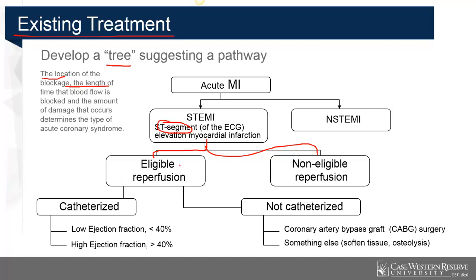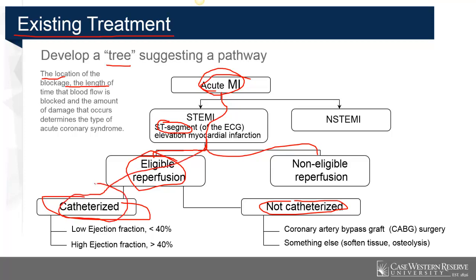But basically, if you're eligible for the reperfusion procedure, then the question is, could you be catheterized or could you not? So what we're starting to see is that when we think of the disease state and the whys and the solutions, the root of this could be the heart attack, and then we have to look at all the different pathways we can go, and understand that the catheterization is just a fraction of all the possible points we could end up on this chart.